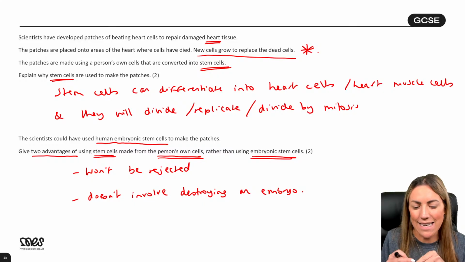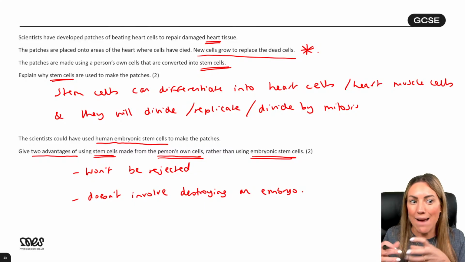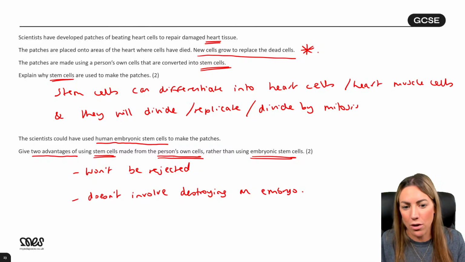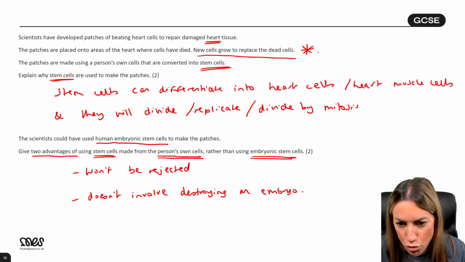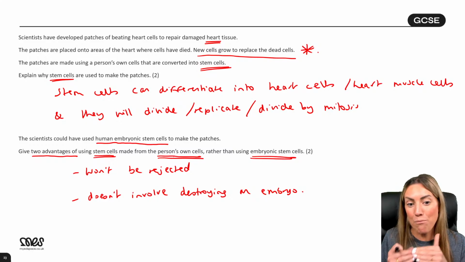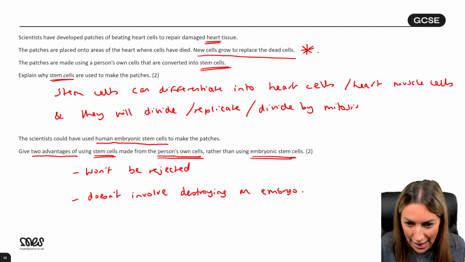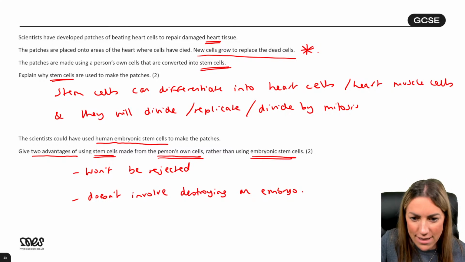So in this case, you mean using the person's own cells is more ethical because you don't have to destroy an embryo. Or if you use embryonic stem cells, it's unethical because you do have to destroy an embryo. Or like Mitch has just said, the embryo is a potential life and you've destroyed a potential life. Yeah, explain why.